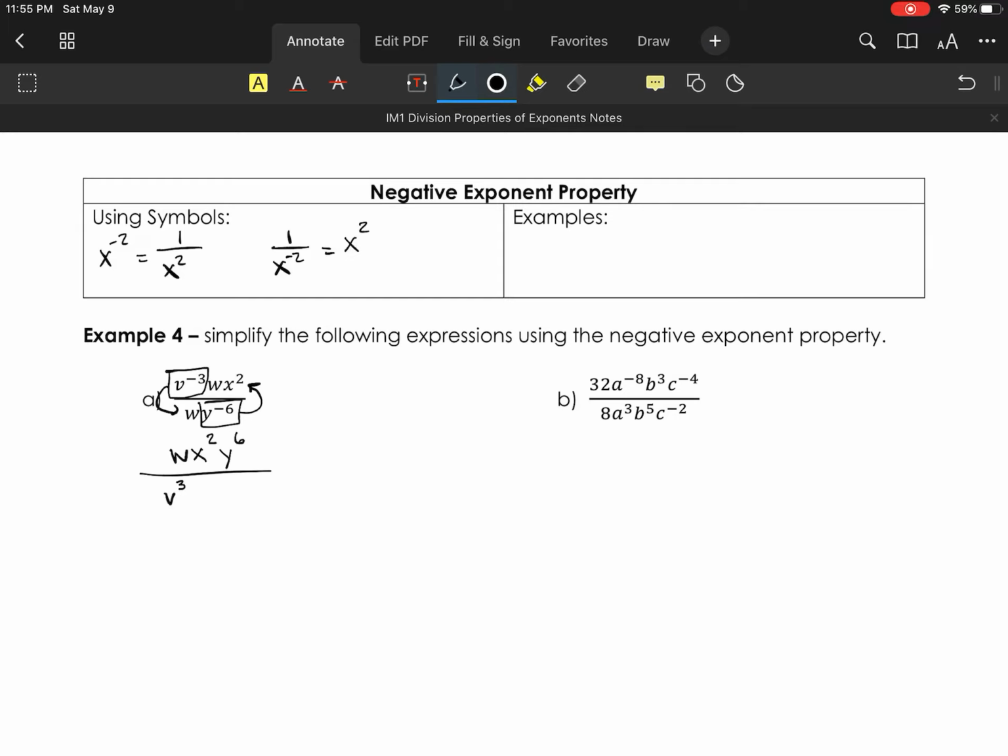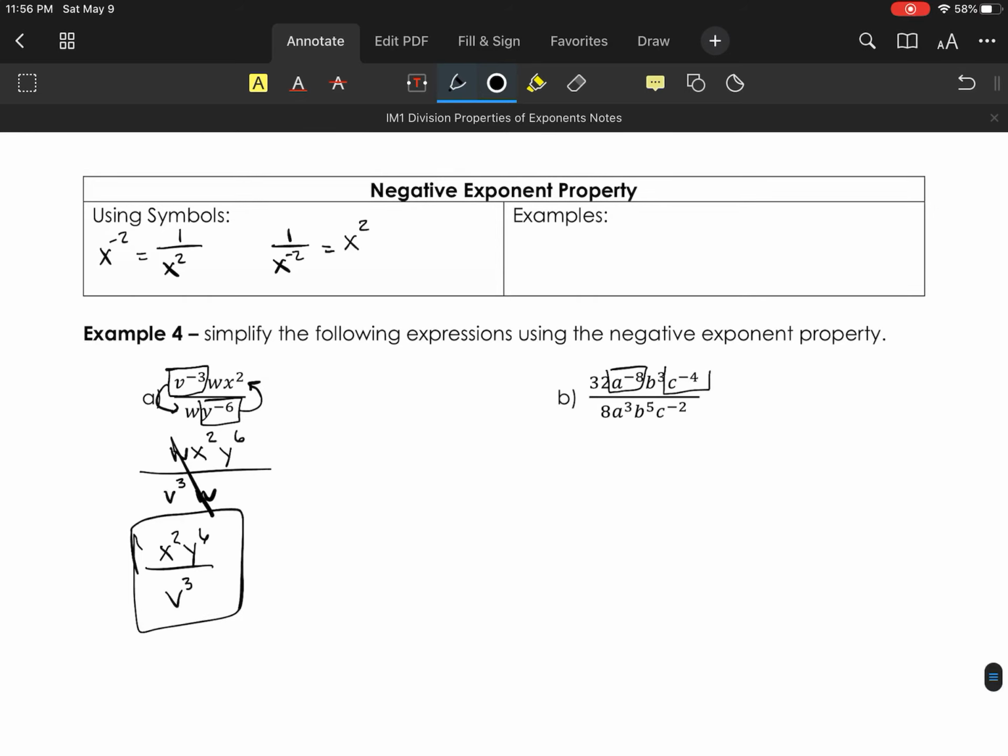So I just completely get rid of that negative sign. Now it's positive. V to the negative 3 becomes v to the positive 3, and then I have that w from the bottom. To simplify this, w over w cancels. Nothing else simplifies because you just have an x, a y, and a v. You can't do anything there. So my answer on that one is x squared y to the 6th over v to the 3rd.